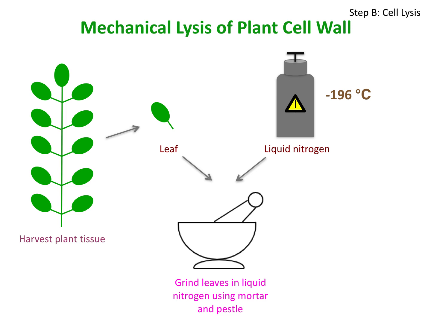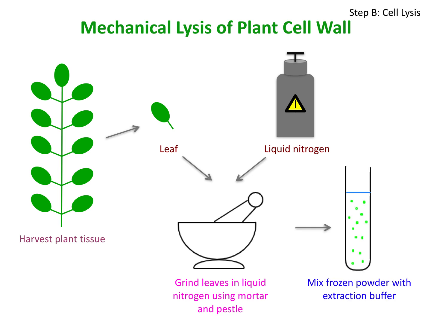When cells come in contact with liquid nitrogen, they freeze instantly and on grinding are easily pulverized. The second advantage is that at such a low temperature, DNA degrading enzymes called DNases are inactivated, which helps in extraction of intact DNA molecule. After grinding, the frozen powder is immediately mixed with DNA extraction buffer.